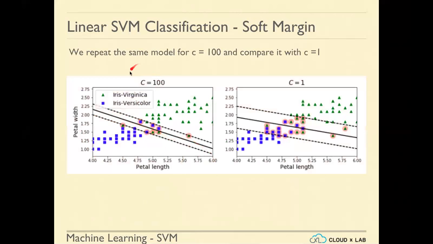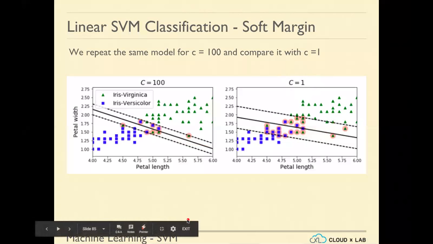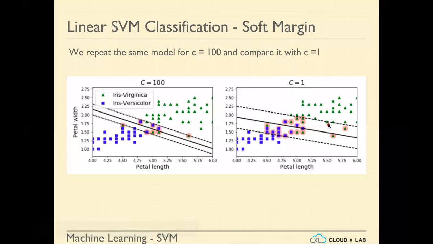If this regularization parameter is really high, this street is going to be narrow. If the regularization parameter is low, this street is going to be wider. You can see that? So when C is smaller, the chance of error grows. The number of errors keeps on growing as C keeps going down. As C keeps increasing, the errors keep decreasing. Is it clear to everyone?